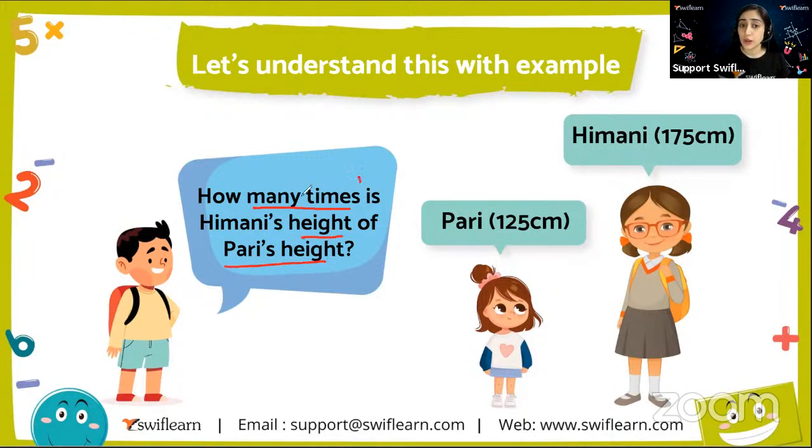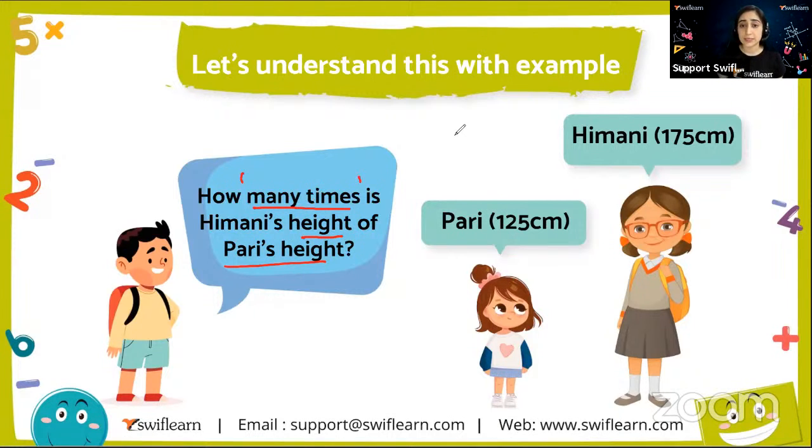So the question is not asking how much more, and it is not asking us to subtract to get a number. Here the question is asking how many times. For this, the concept of ratio comes in.